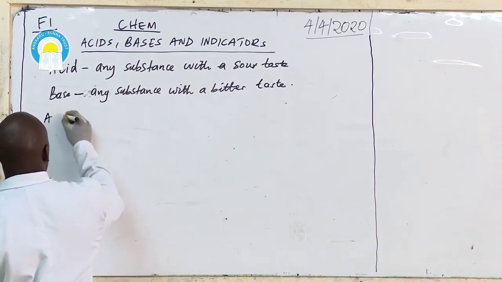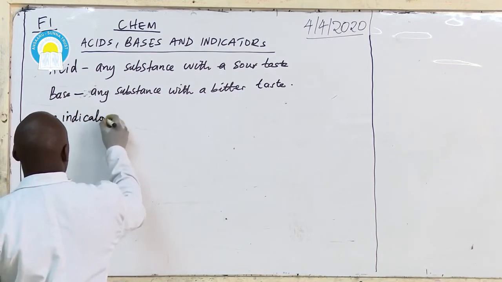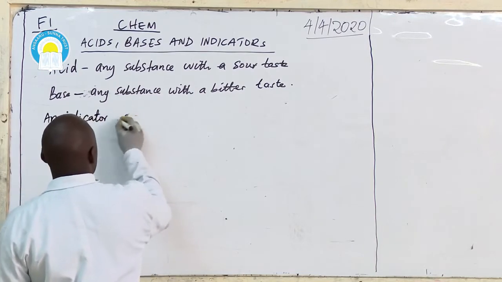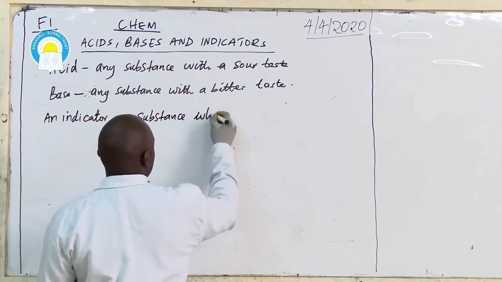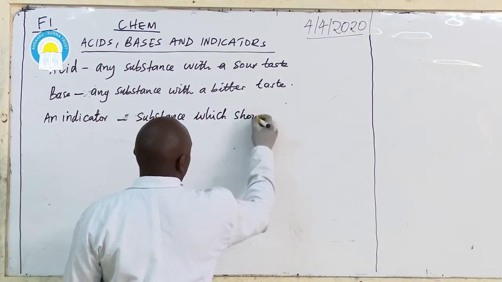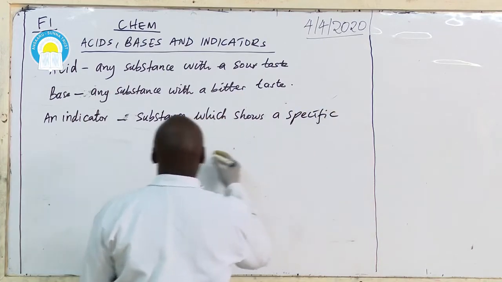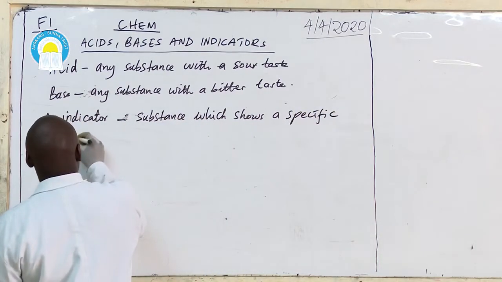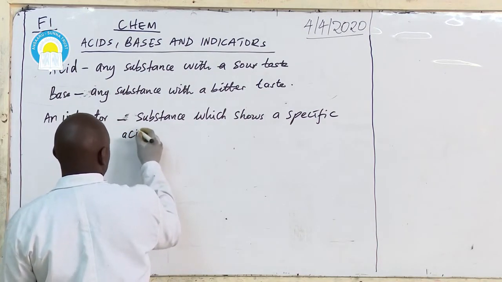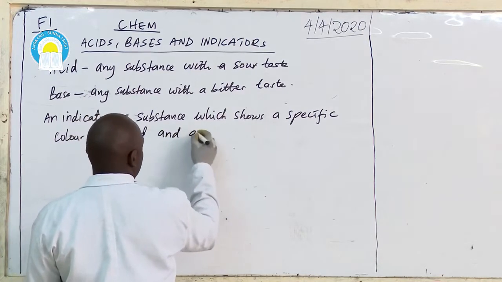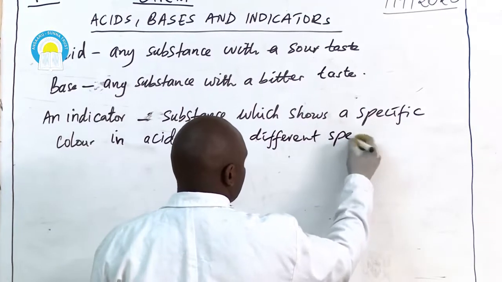We can define an indicator as a substance which shows a specific color in acid and a different specific color in base.